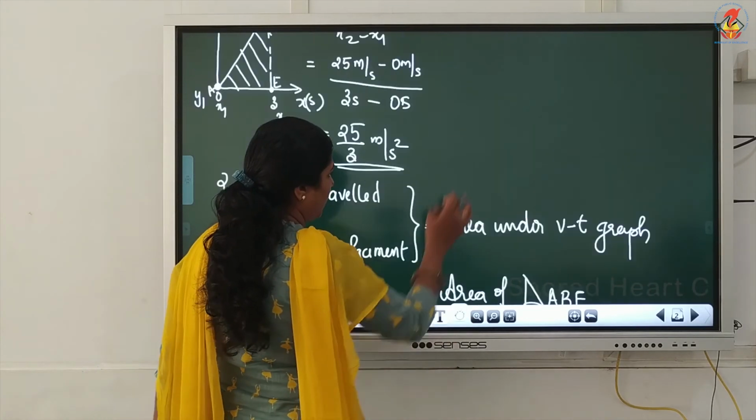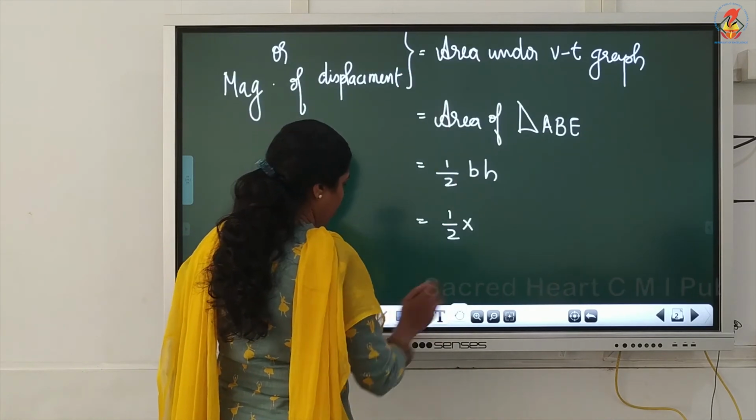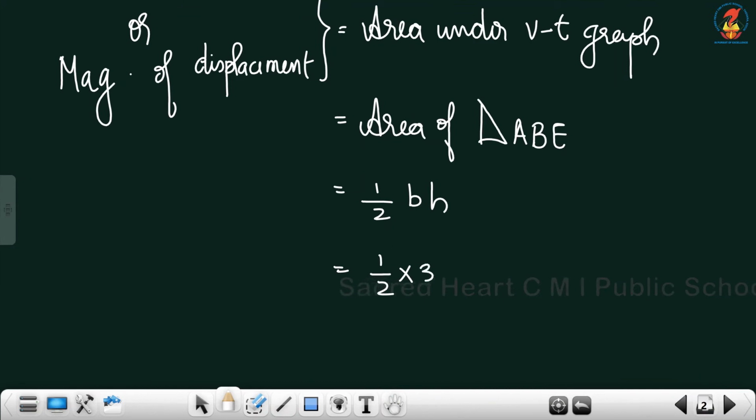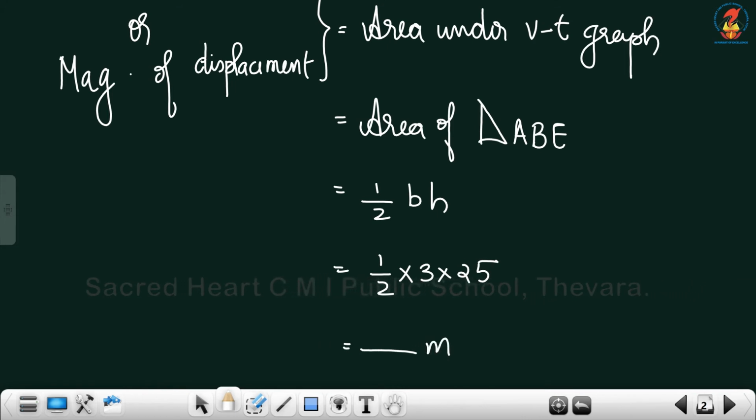So, half BH equals half into 3 into 25. When you do it, you will get the answer in meters.